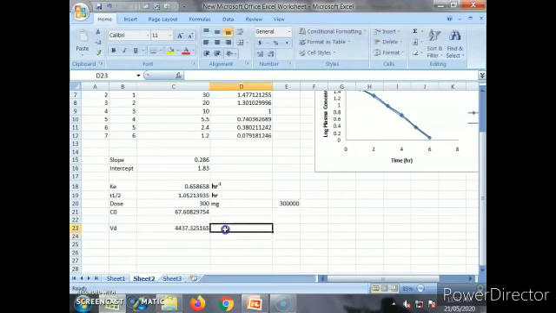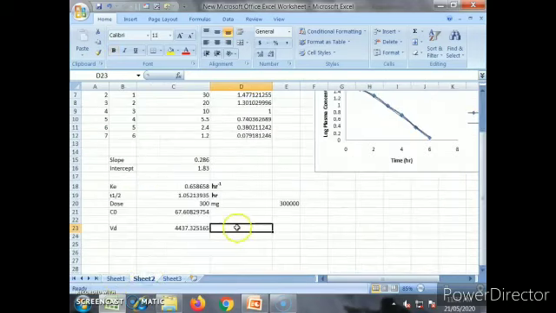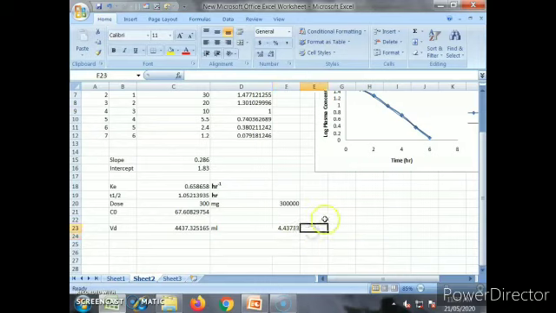So we have got this value Vd, the volume of distribution, and the unit for volume of distribution is the liter. We have got this in ml, so we will convert it into liter by dividing by 1000. So 4.4 liter is the volume of distribution.